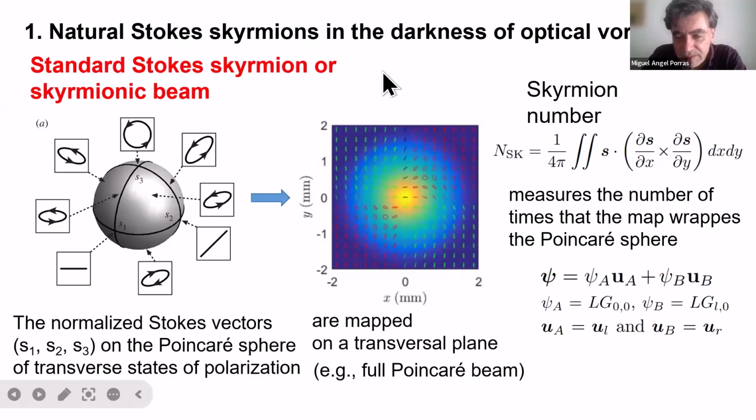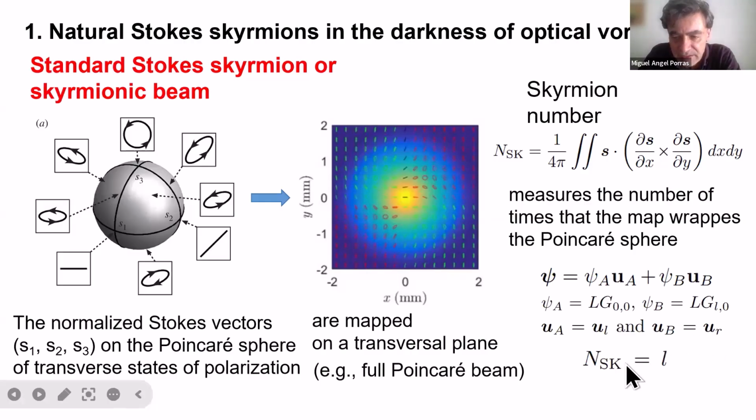These Stokes Skyrmions typically are constructed by superposing two modes of propagation, for example, a Gaussian beam and a Laguerre-Gaussian beam of azimuthal order L, with orthogonal states of polarization, left-handed and right-handed circular.